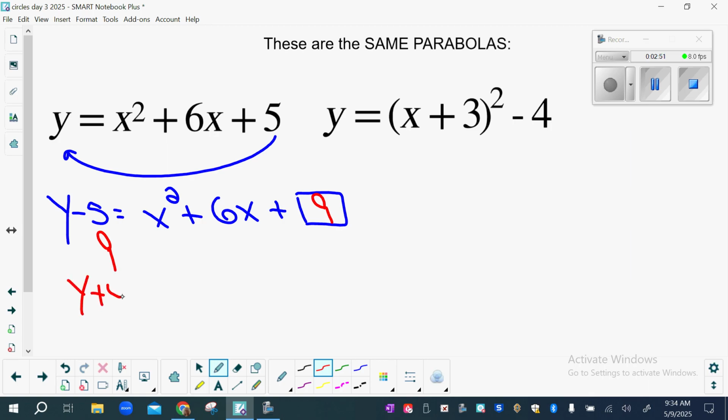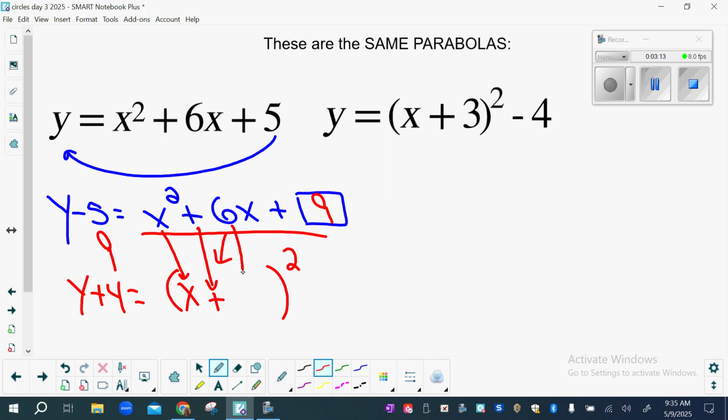Y plus 4 equals, and then the trick is to take this stuff and write it like this. You can either factor it, factors of 9 that add up to 6, 3 and 3, or you can do it the Mrs. Tarantino easy way. The X comes down, the plus comes down, and you do half of this guy.